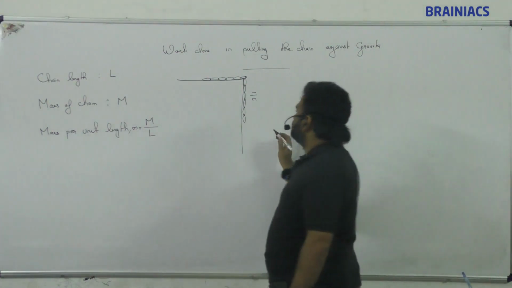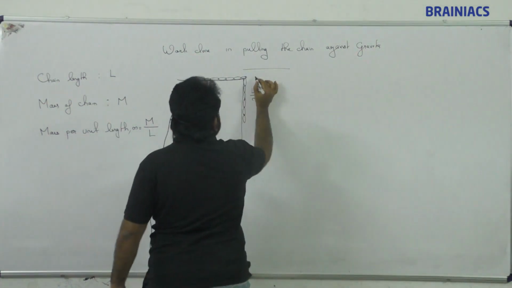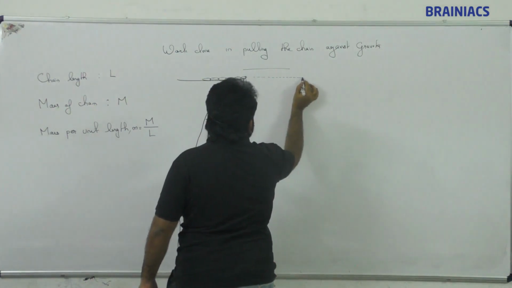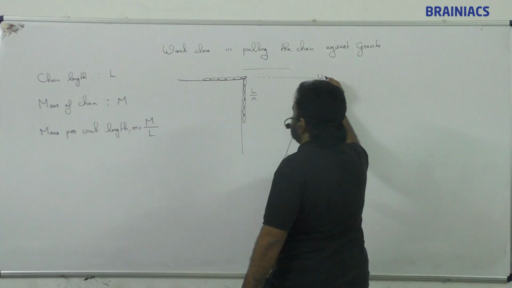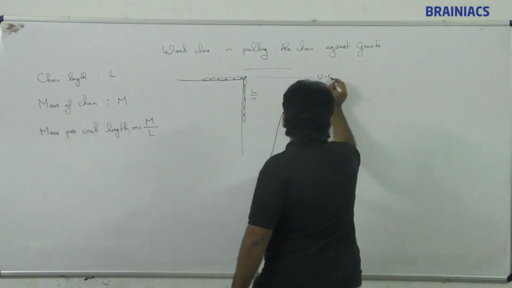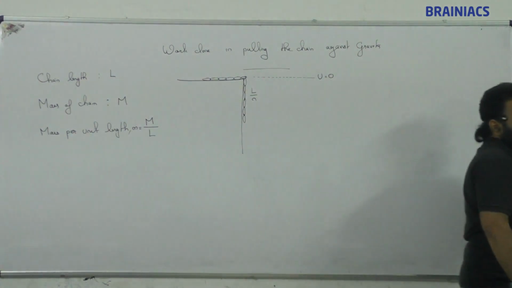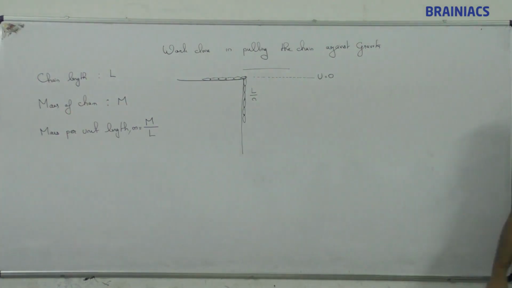Now suppose we consider this point, this reference, as the point where the potential energy is 0. Some reference point we will take as 0.